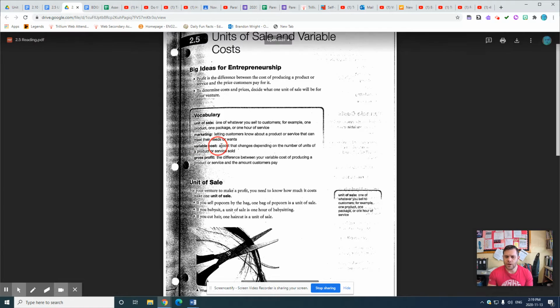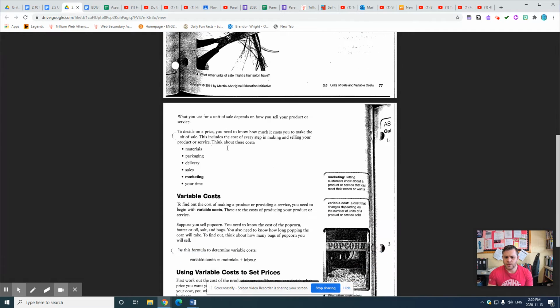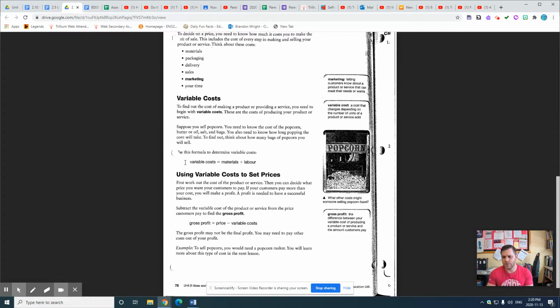Now, variable cost, this is a cost that changes depending on the number of units or products or services sold. You can find variable costs are 2 things. They are materials and they are labor. Labor means work.